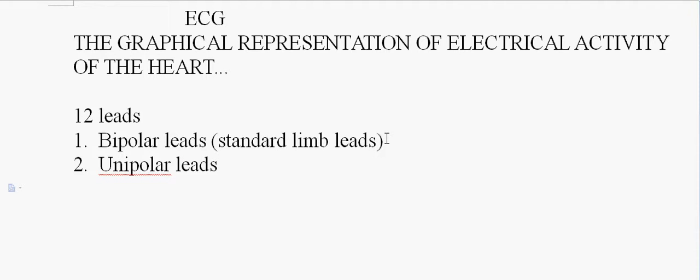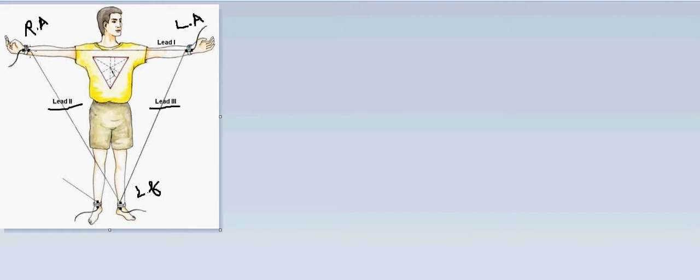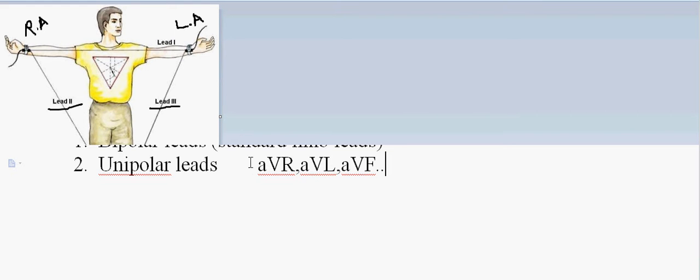And now the second type of leads are unipolar leads. The unipolar leads have several leads. For example, unipolar leads have leads called AVR, AVL and AVF. These 3 leads, which belong to unipolar leads, are also placed on the limbs.